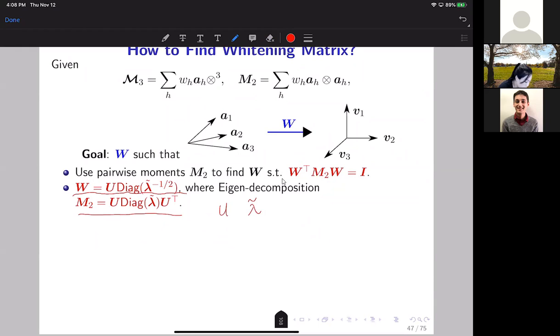Basically I'm separating M2 into two parts. The left part is, let me write it this way.